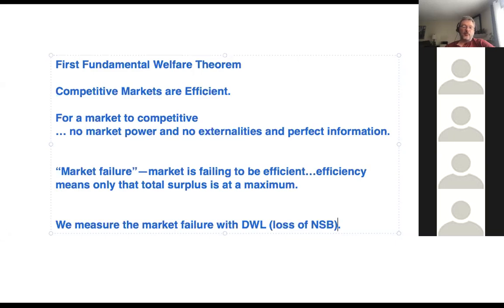So yeah, the big idea is to try to get good at identifying market failures and being able to measure them. And then usually, once you identify a market failure and the source of the market failure, you have policies to promote competition.